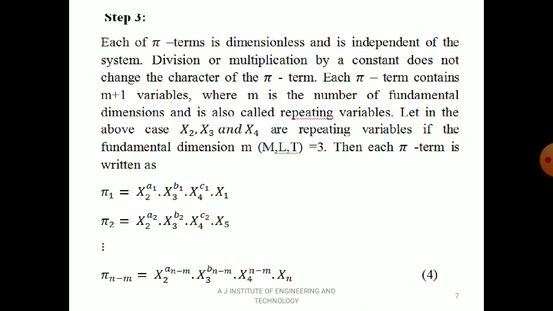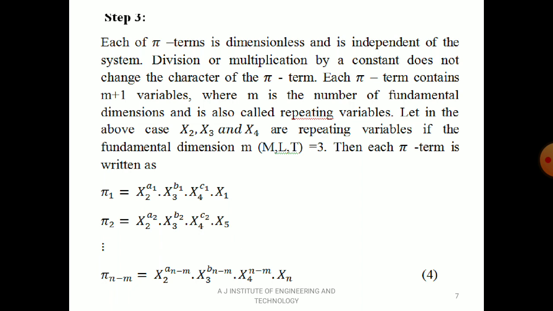Next, similarly pi 2. Other than x1, x2, x3, x4, we have the remaining terms like x5, x6 up to xn. So pi 2 equal to x2 to the power a2 into x3 to the power b2 into x4 to the power c2 into x5, because x1, x2, x3, x4 are already used.